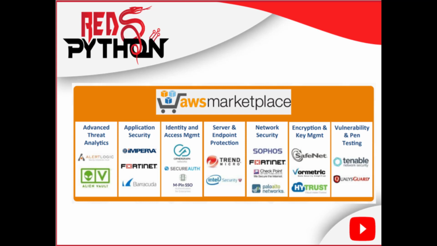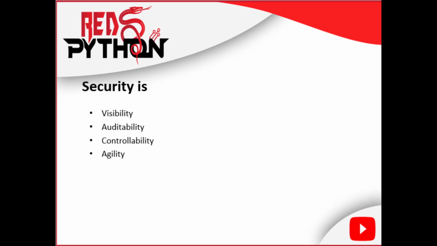Now you can use the same tools on the cloud: advanced threat analytics, SIEM solutions, network security, vulnerability assessment, IDS, IPS, PAM solutions, CASB solutions, identity and access management solutions, endpoint management, etc.